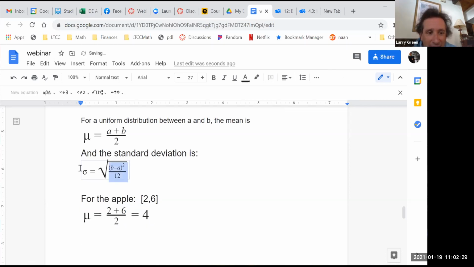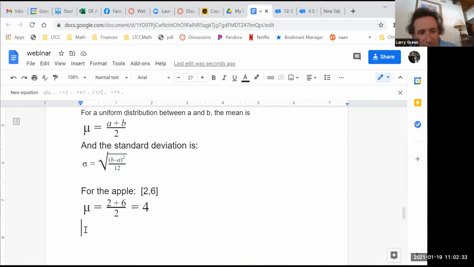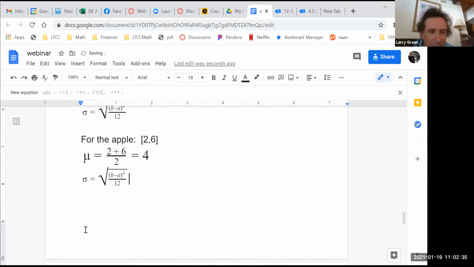And then the standard deviation is going to be b minus a squared over 12, all under a square root. B was 6, A was 2.